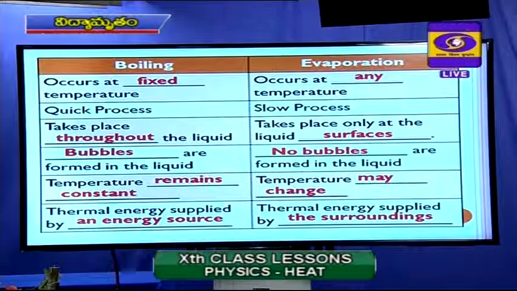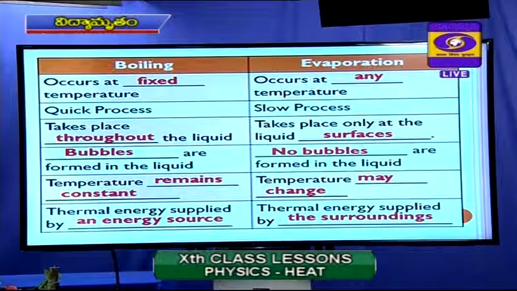Now this is a very important question. Children, you have to practice thoroughly the differences between boiling and evaporation. Boiling takes place at the boiling point only, evaporation takes place at any temperature, and thermal energy is supplied by an energy source. Here the thermal energy is supplied by the surroundings.